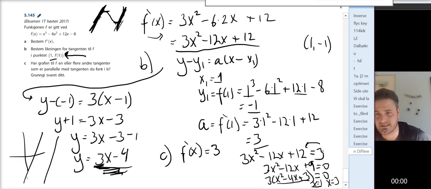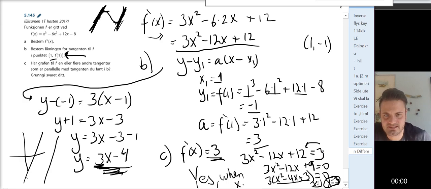So we have calculated this point, but we see there is a different answer here. So there's another point where the slope of the gradient is equal to 3, which means that the answer is yes. When x is equal to 3. So that was exercise 5.145.